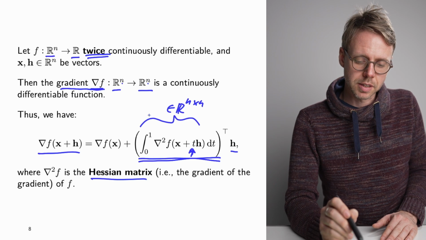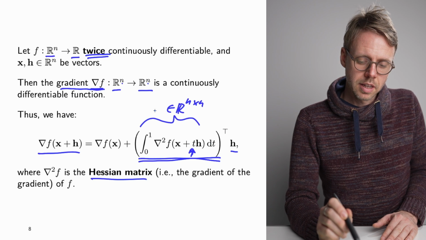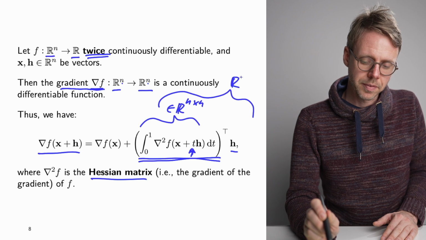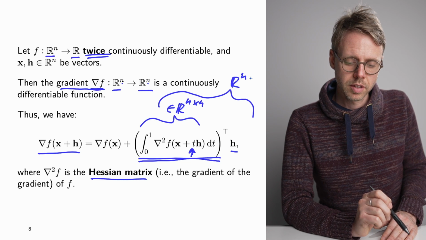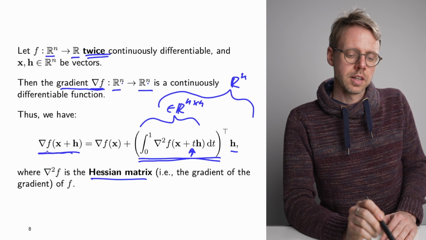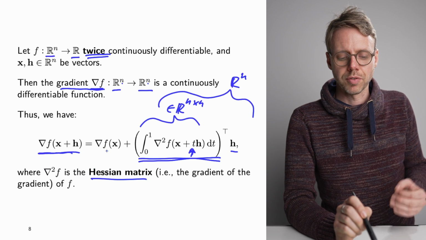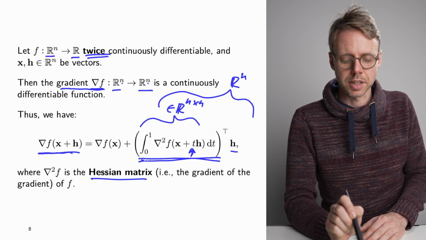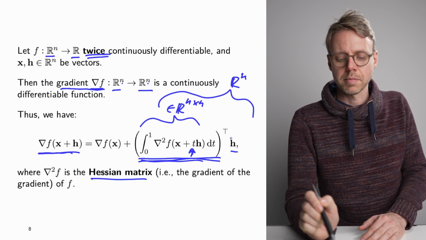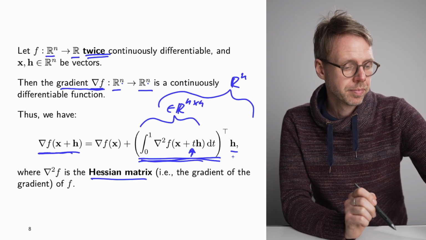So the result of this will be an n length vector. So the gradient of f at x plus h equals the gradient of f at x plus the vector that we get by integrating the Hessian and multiplying this integral by h.